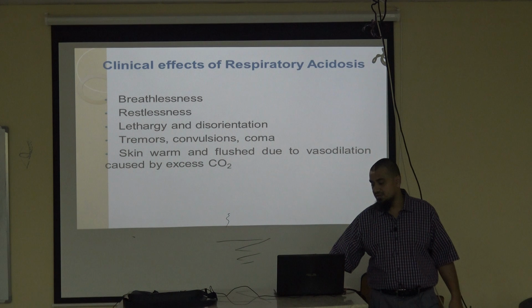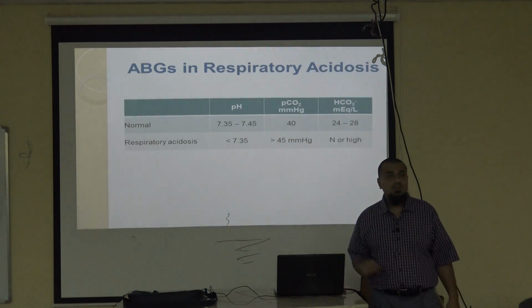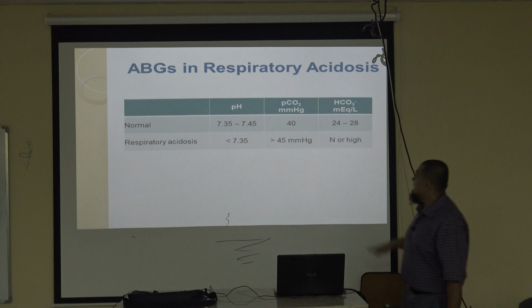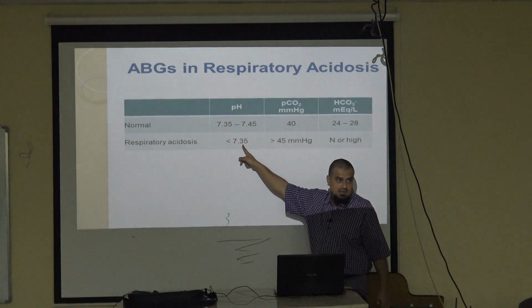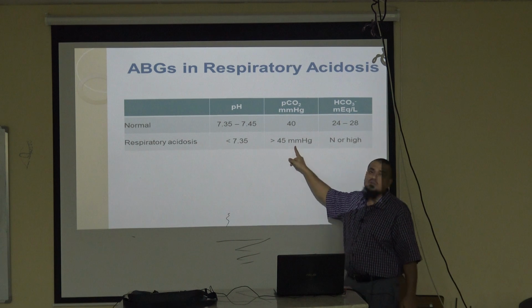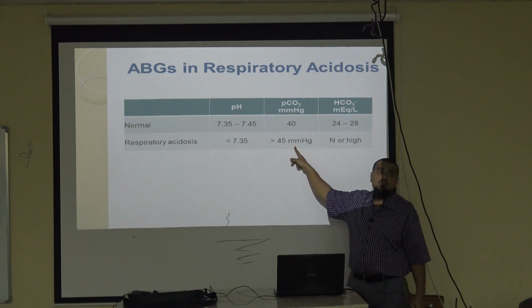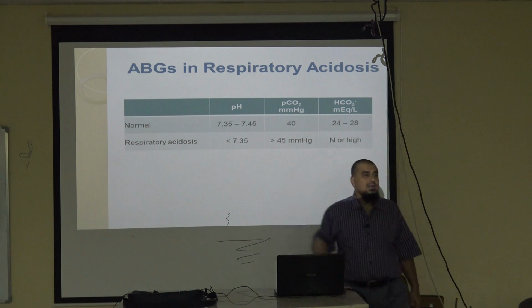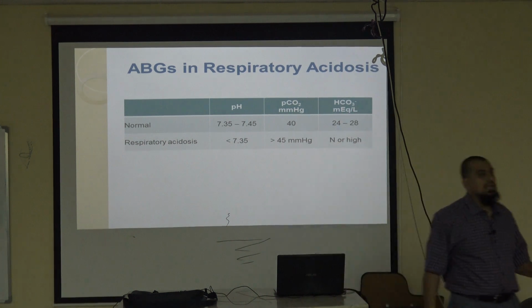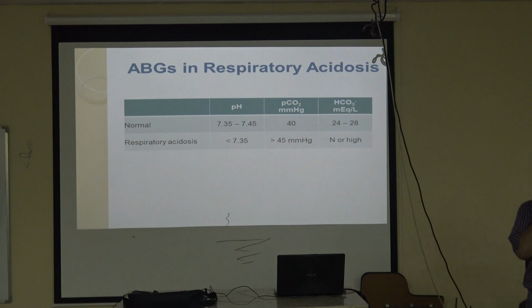How will you diagnose respiratory acidosis? What will be the blood picture? pH will be decreased, and carbon dioxide will be increased. And bicarbonate? Normal. You find it is written normal or high. Why is it written high? As a result of compensation, because now you have more carbon dioxide in your blood.